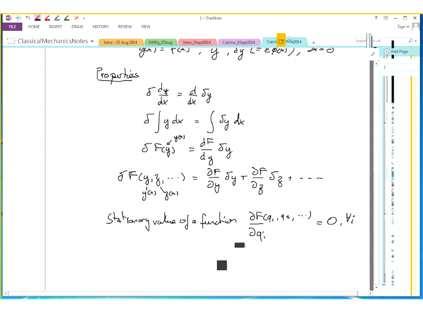Whether the qi are functions of x, or t if it's in the language of classical mechanics. So that's what we got last time.